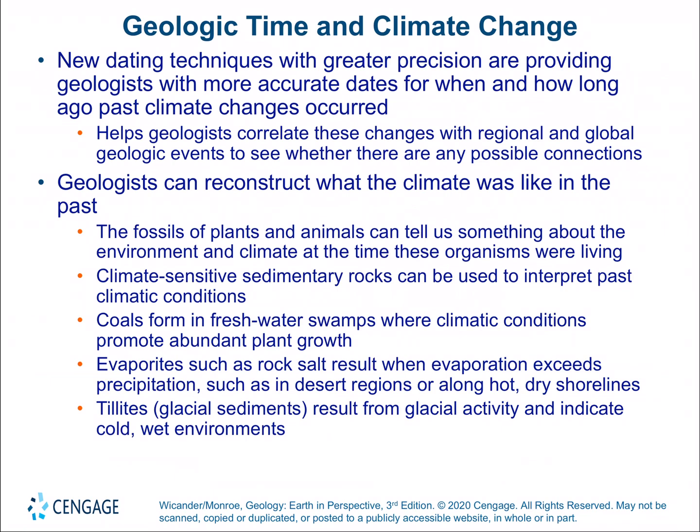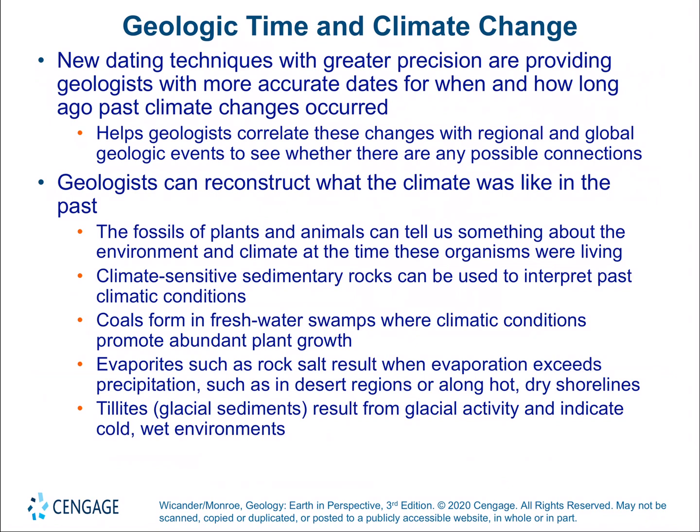So we look at the fossils of plants and animals, and they can tell us something about the environment and climate at the time of when these organisms were present. We can look at climate-sensitive sedimentary rocks to help us interpret past climatic conditions. Coal is formed in freshwater swamps where climatic conditions promote abundant plant growth.